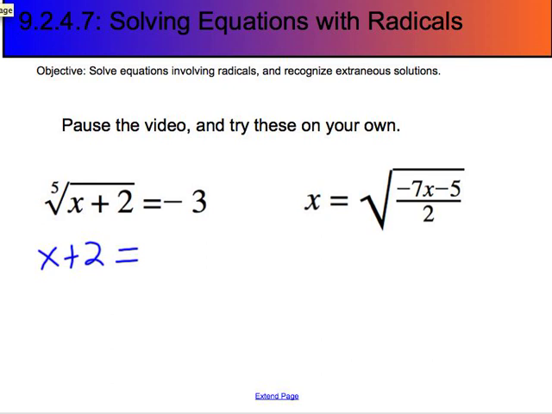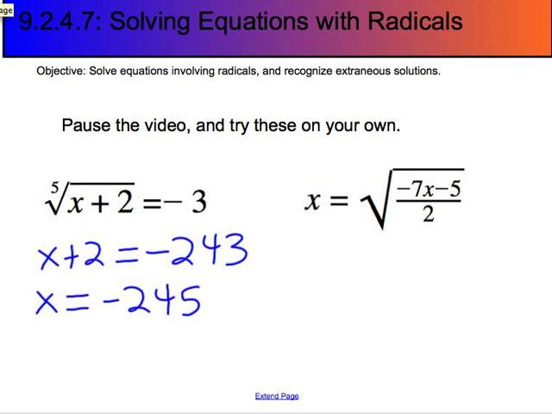Normally I just ask you guys when you're sitting here in front of me to do all this kind of calculator work for me, but you're not here. 3 to the 5th is 243. So -3 to the 5th power is -243. Then I subtract 2 from each side. And I get x equals -245.